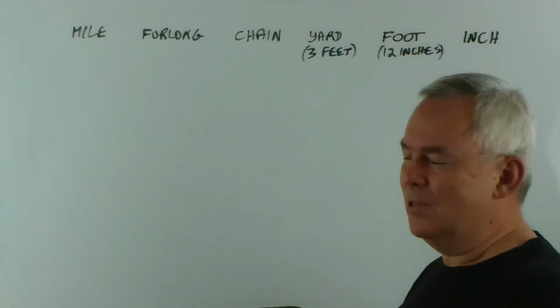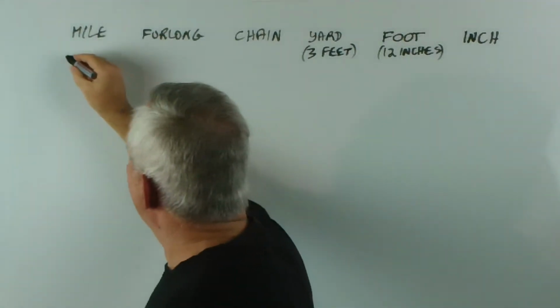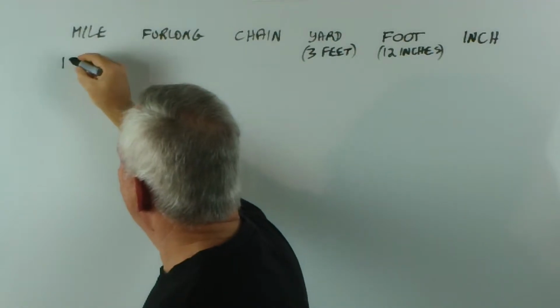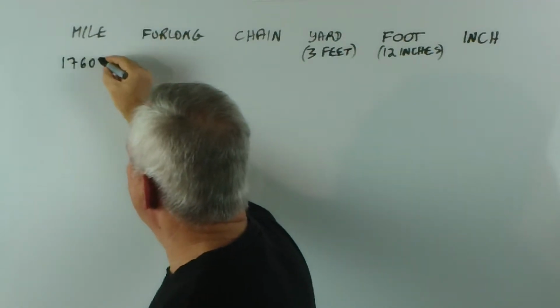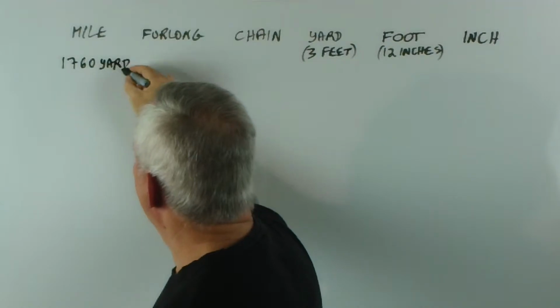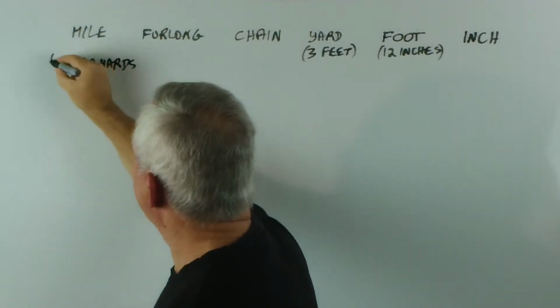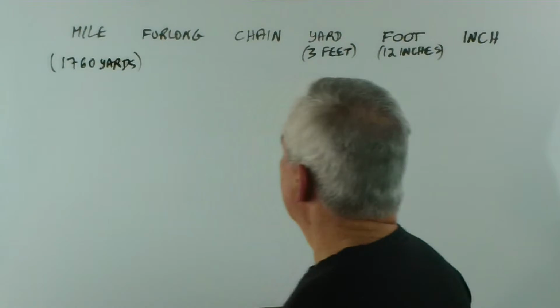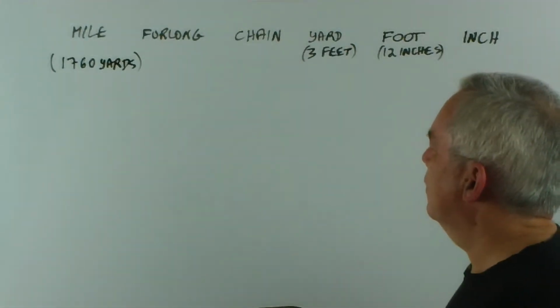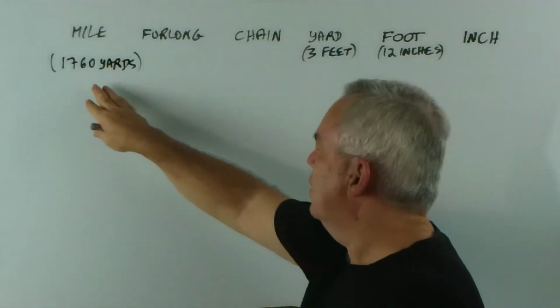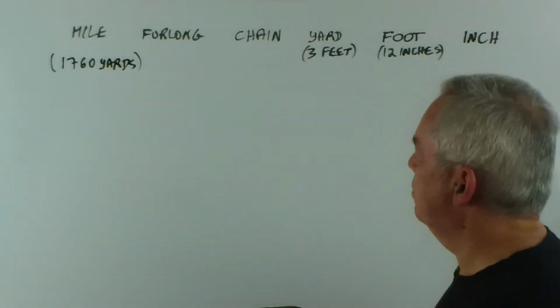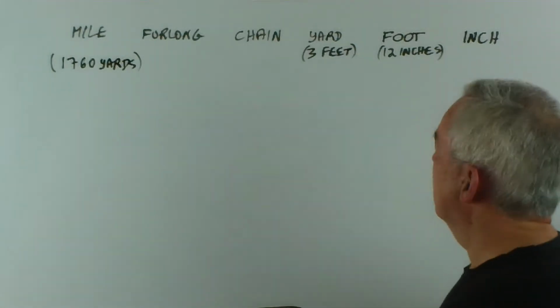It's undergone some revisions since then. It was basically defined as 1,760 yards. And I'll explain why. Actually, that's not entirely true. This definition dates more to the time about Queen Elizabeth I.